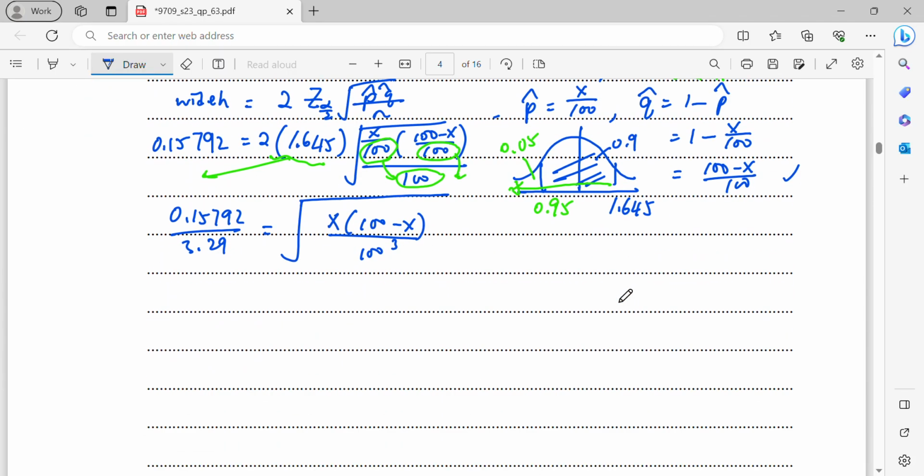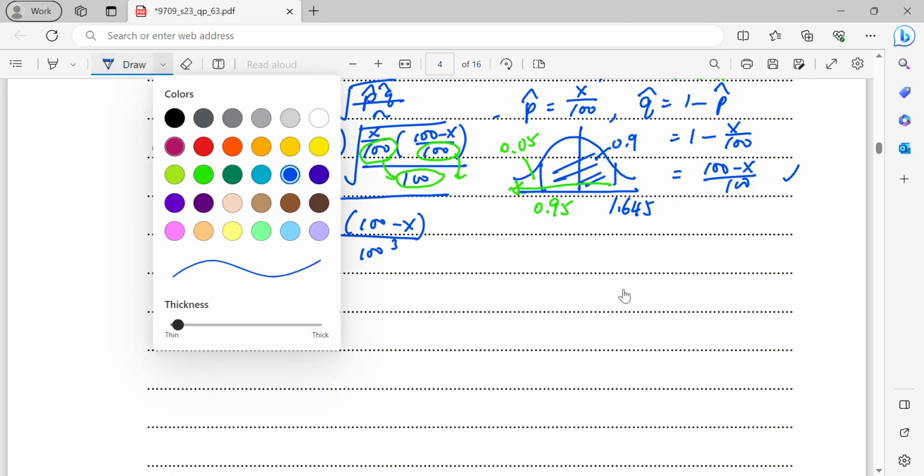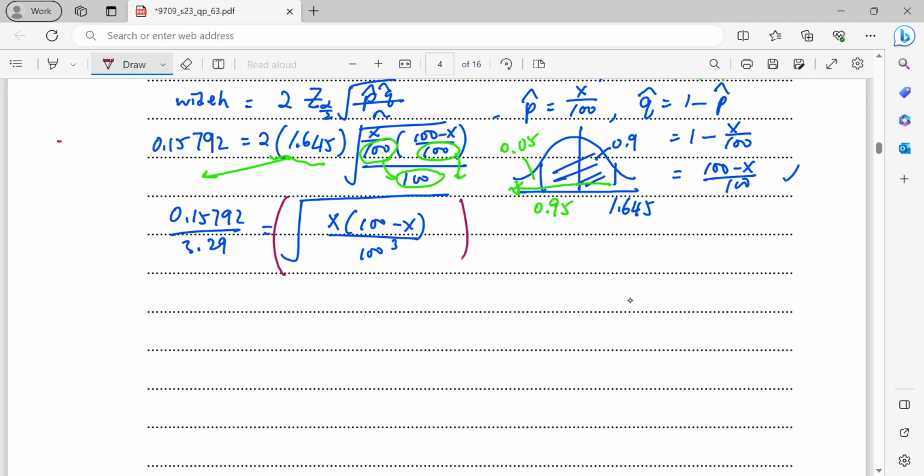Okay? So from here, to eliminate the square root, because we need to find the X, we have to square both sides. So now I'm going to square both sides. The reason is to eliminate the square root. So the square and square root will be cancelled off from the right hand side, and then for the left hand side I need to do expansion.